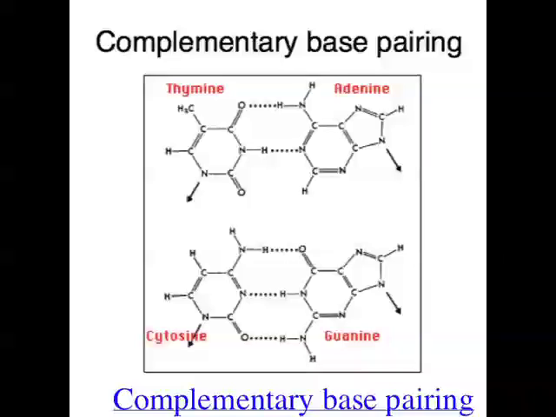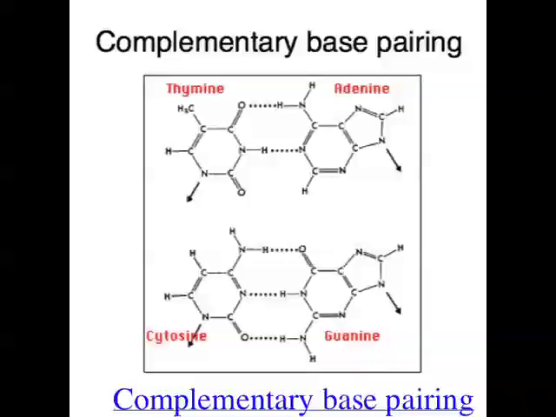It's that A bonds with T and C bonds with G. So this is complementary base pairing, and that holds together the 2 rungs of the ladder. That holds together the DNA double helix in the middle.